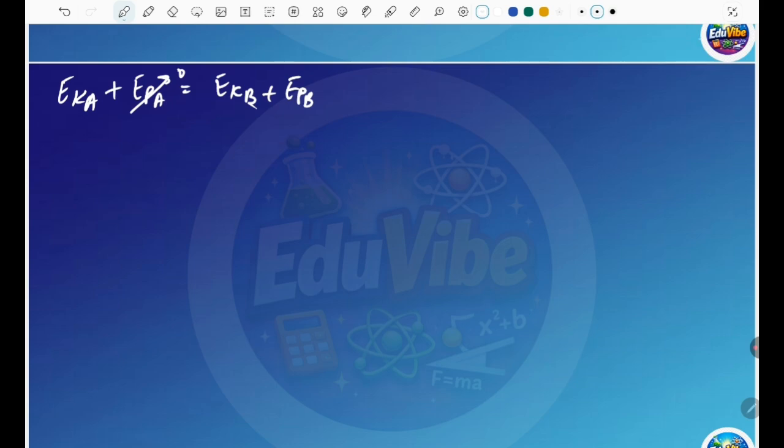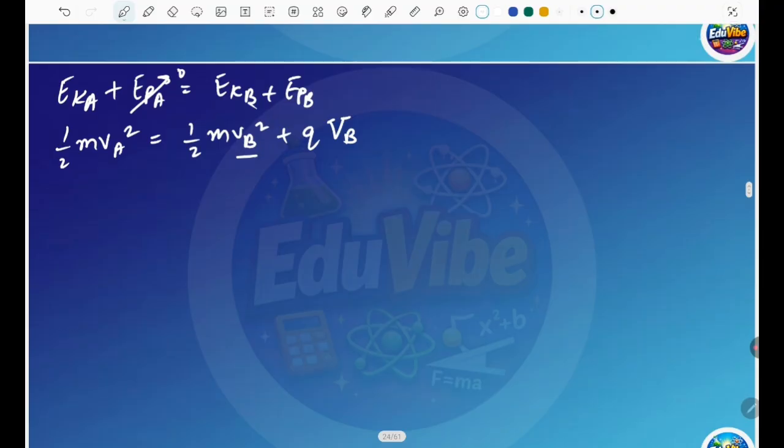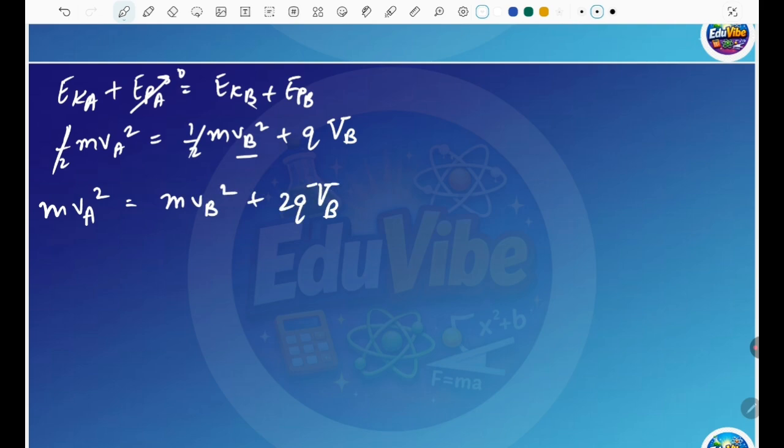So we have half m VA squared equals half m VB squared plus q delta V. If we multiply the whole thing by 2, the halves go away, so m VA squared is equal to m VB squared plus 2q delta V.